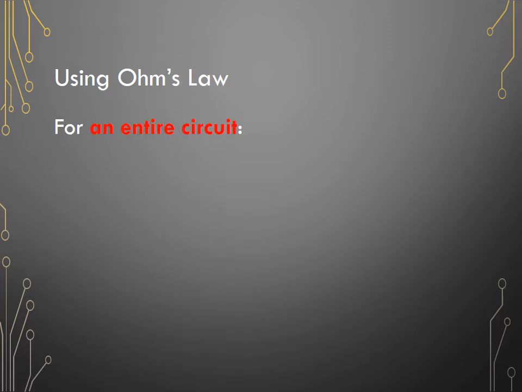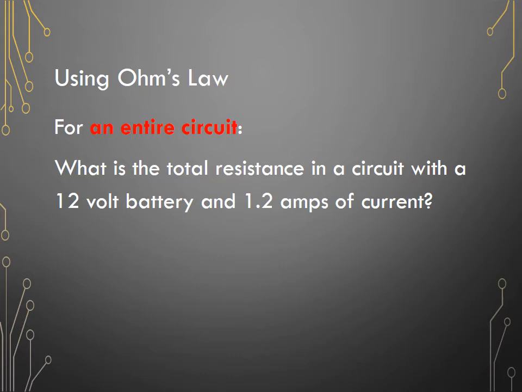I can also use Ohm's law for an entire circuit. So what is the total resistance in a circuit with a 12-volt battery and 1.2 amps of current? Well, V equals IR. Now, I'm going to have to rearrange this one because I'm looking for the total resistance.